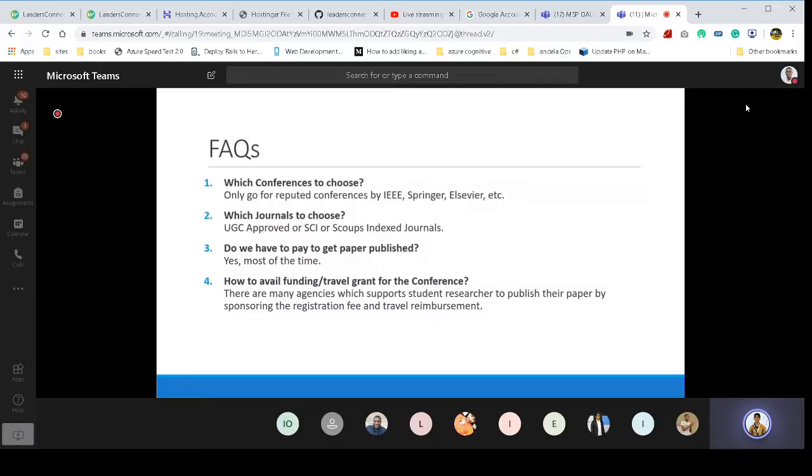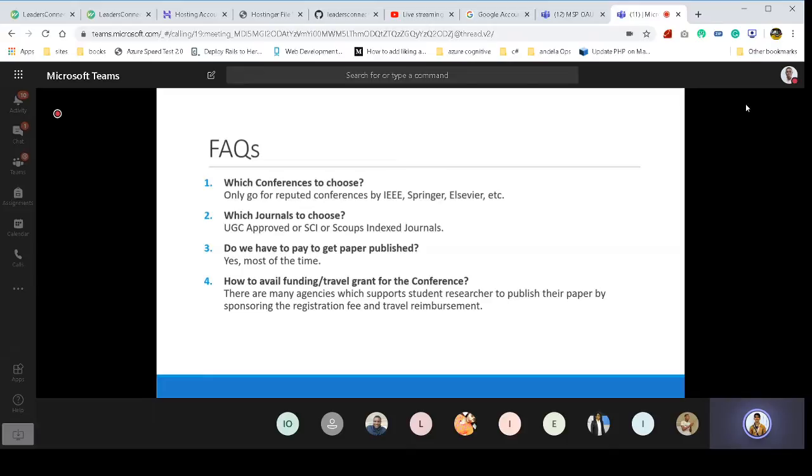Which journals to choose? Choose journals which are indexed properly. Journals have some kind of indexing like Scopus or SCI. These are, you may say, accreditations that the journal gets. So look for those. If the journal has some kind of accreditation or impact factor, then publish in that. Do we have to pay to get the paper published?